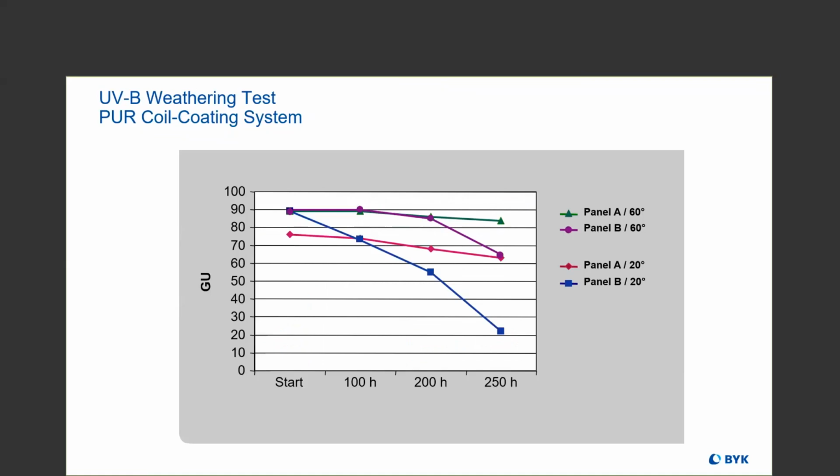So here we have two different coil coating systems represented by panel A and panel B, and these panels are undergoing a weathering test.